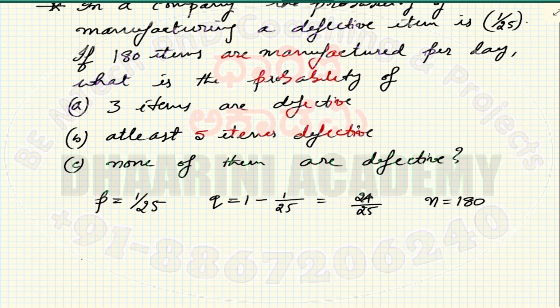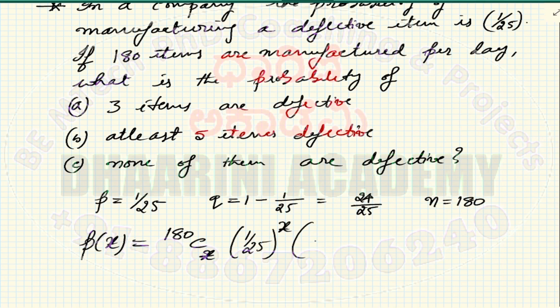So this is binomial. We'll write p of x is equal to ncx. So this is 180 cx p to the x. So p is equal to 1 over 25 to the x into 24 by 25 to the power 180 minus x is your equation.